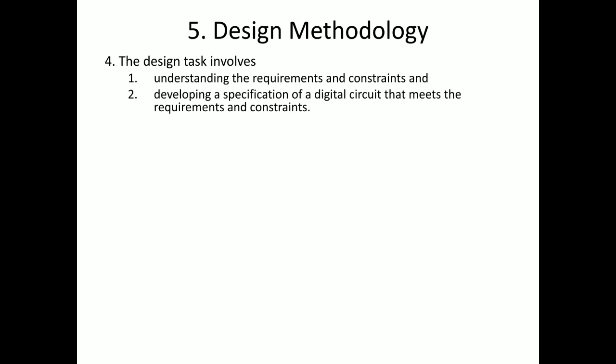First we will try to understand, then we will develop a specification of the digital circuit that meets the design requirements and constraints, and at each of the design verification and physical design stages, we'll be checking whether the design has been meeting the requirements or not.